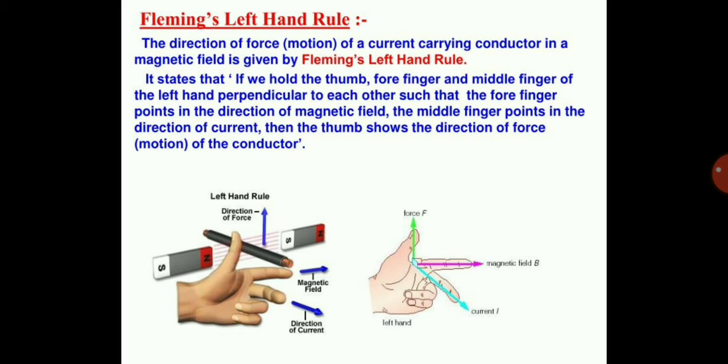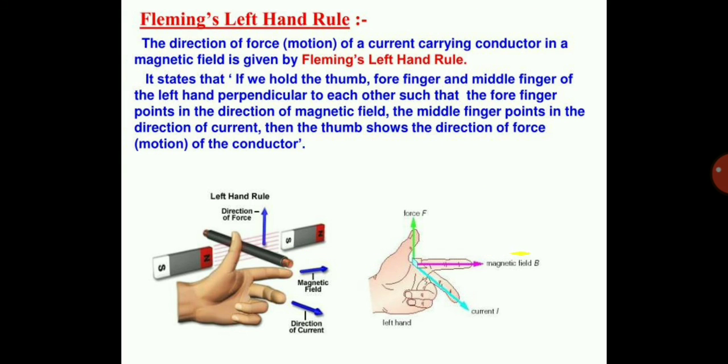It states that if we hold the thumb, forefinger and middle finger of the left hand perpendicular to each other such that the forefinger points in the direction of the magnetic field. Okay, your forefinger is at the magnetic field, correct?